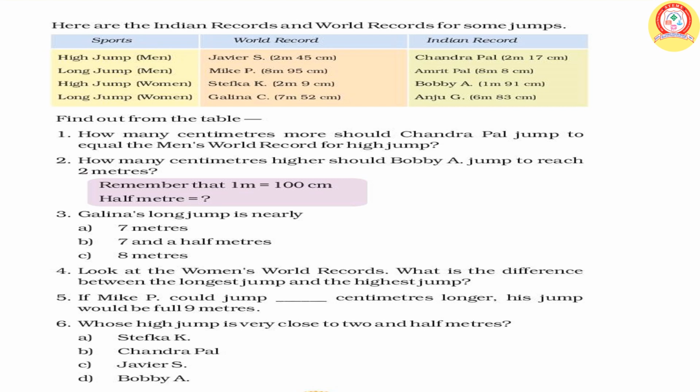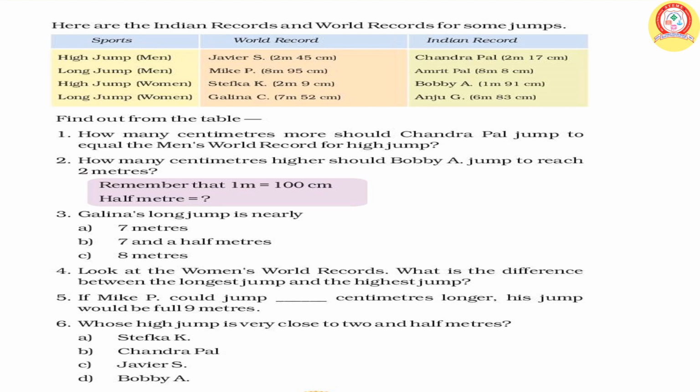Page number 18. Here are the Indian records and world records for some jumps. Find out from the tables. In first question, children, how many centimeters more should Chandrapal jump to equal the men's world record for high jump? So children, see here.